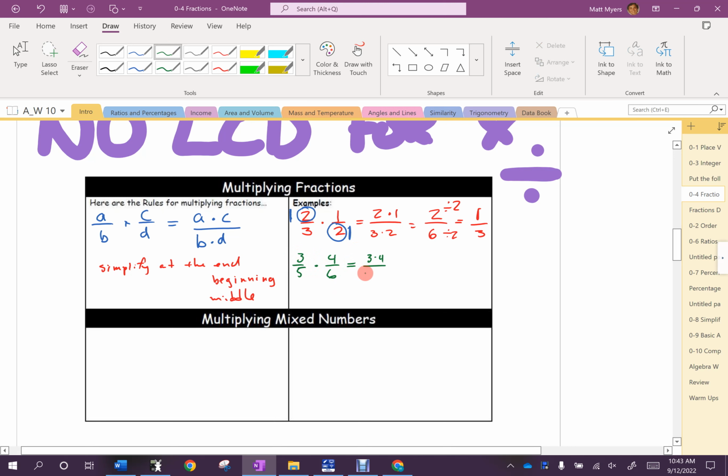What do you do with 5 and 6? And what do I get? 12/30. How can I make that better? Divide by 2. That will get me 6/15. Can I make that better? How? Divide by 3 to get 2/5. Is everybody cool?